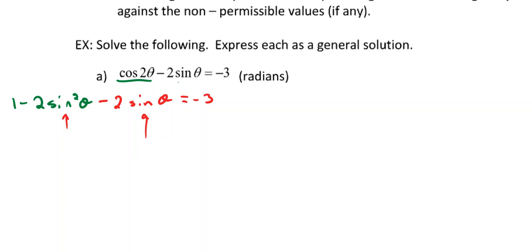So I'm just going to put my x squared term first here. So this will be -2 sine squared theta, and then minus 2 sine theta. And then if I combine the 3 and the 1 on this side, those will become 4. And then that's equal to 0.